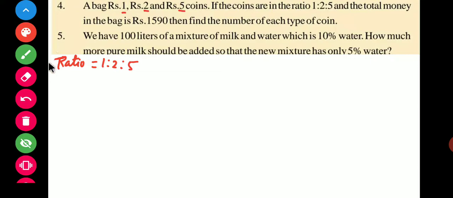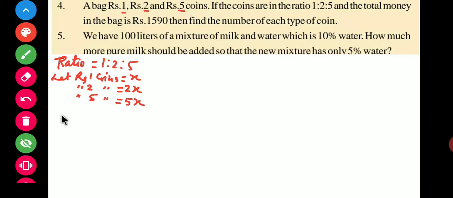Okay, so let the number of rupees 1 coins be x, rupees 2 coins be 2x, and rupees 5 coins be 5x.